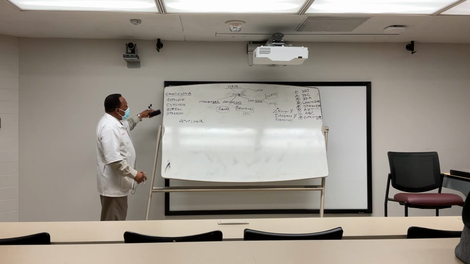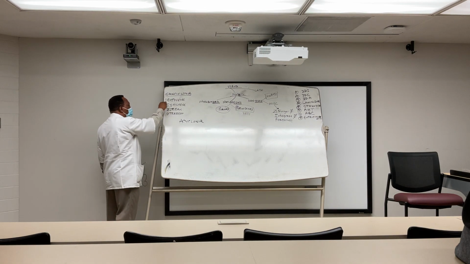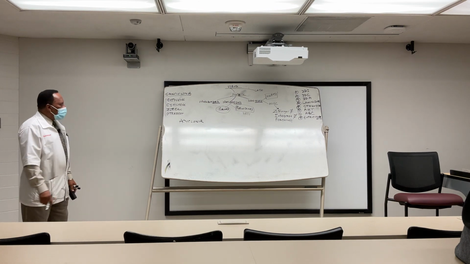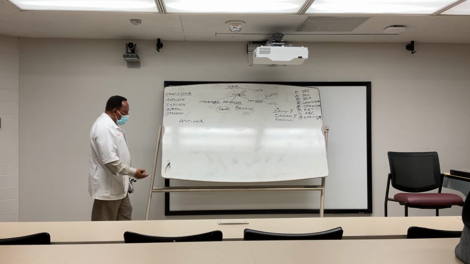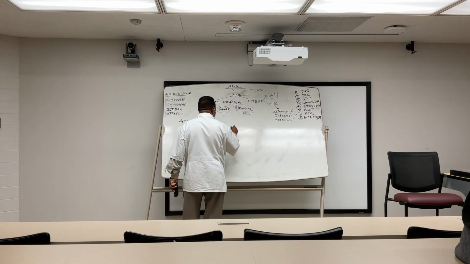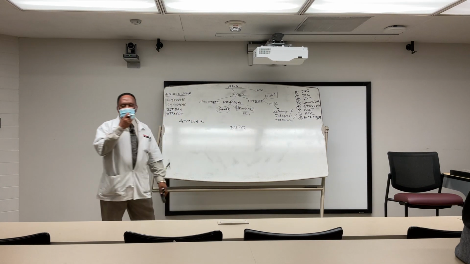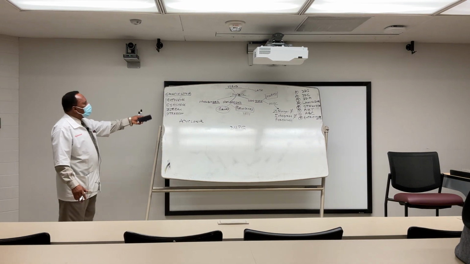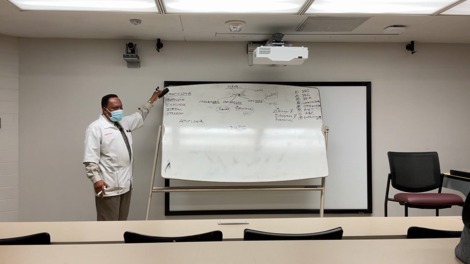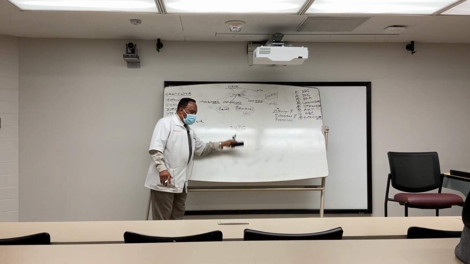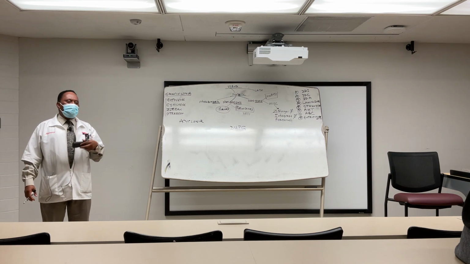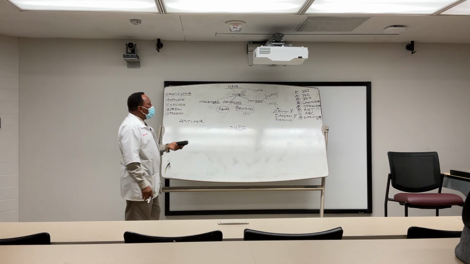And these are just some brand names for your ganciclovir that you can see. If you ever come across DHPG in your reading, that's the chemical name for ganciclovir. That's your dihydroxy propoxy methyl guanine.